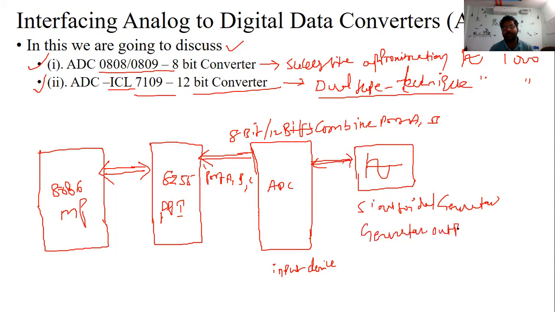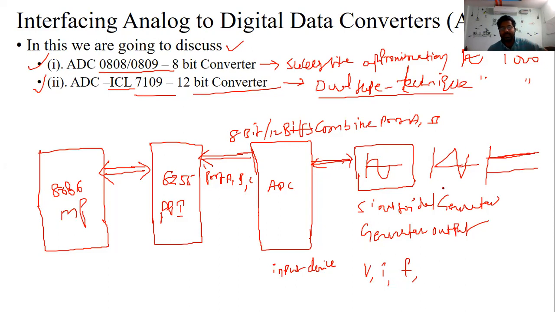Our aim is this analog signal, sinusoidal or triangular, whatever it may be. Not only sinusoidal, it may be any analog signal. DC is also an analog signal. This analog signal we are going to analyze: what is the voltage level, what is the current level, is any fault level present, what is the frequency level, and so on.